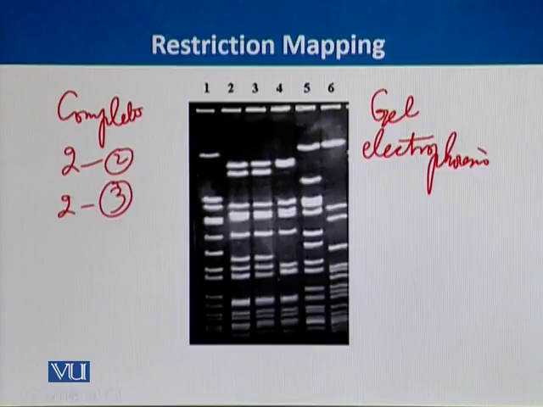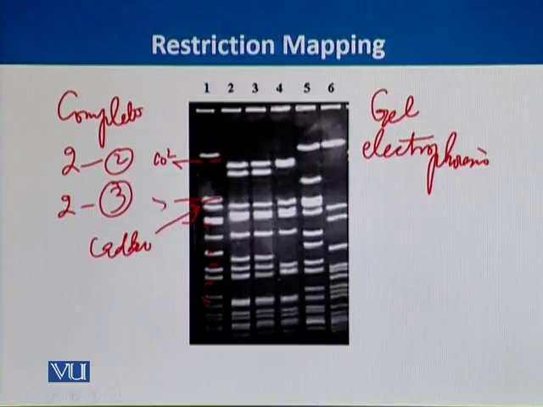In this technique we use some fragments of known size, which is called a ladder. We know that this is a ladder and the fragments have specific sizes, for example 10 kb, 5 kb, 4 kb, 3 kb, 1 kb, 500 base pairs and so on.